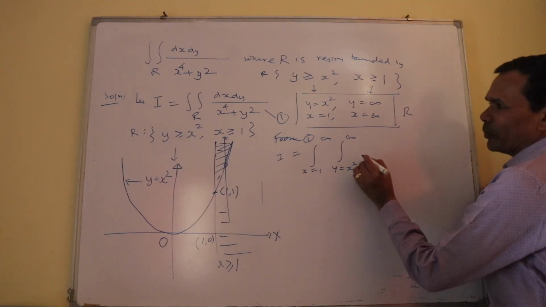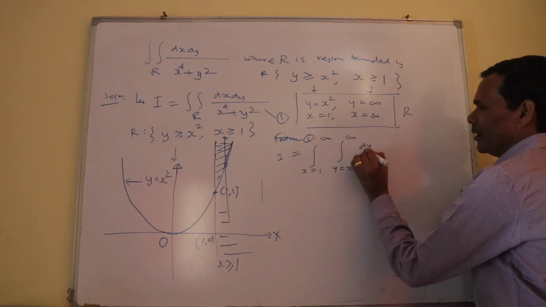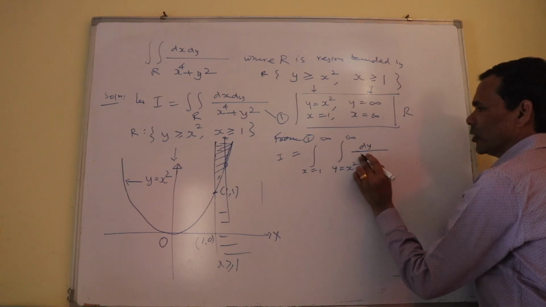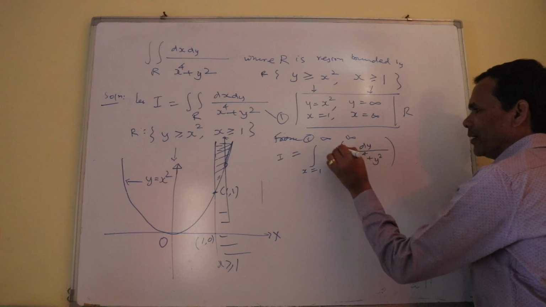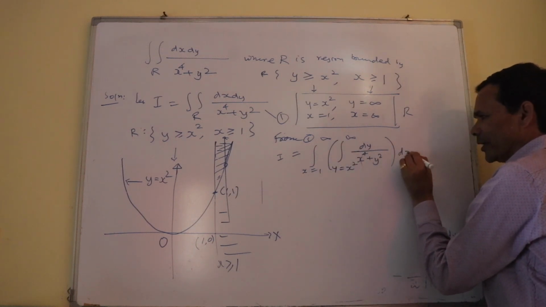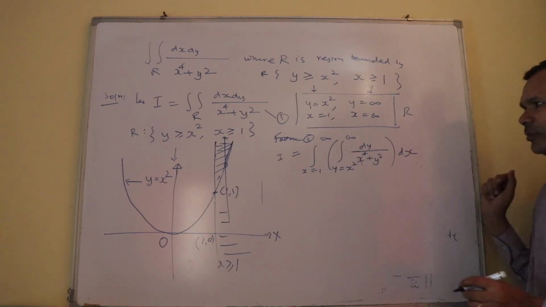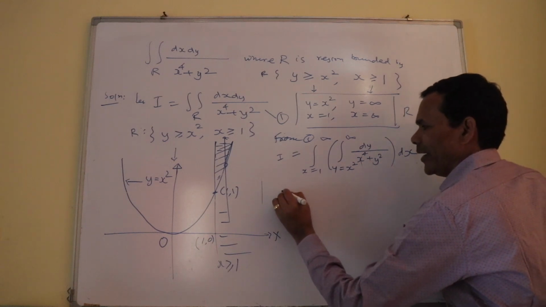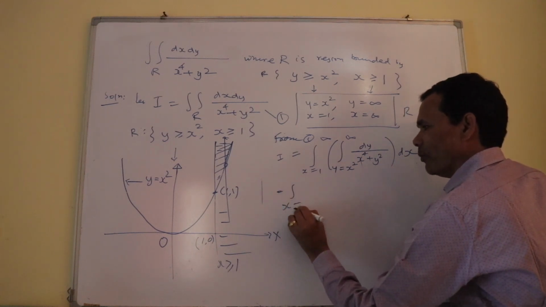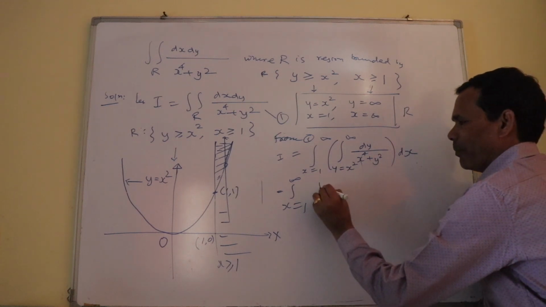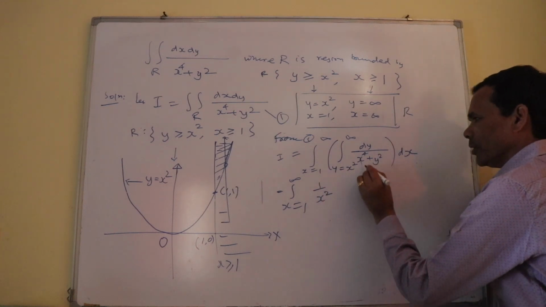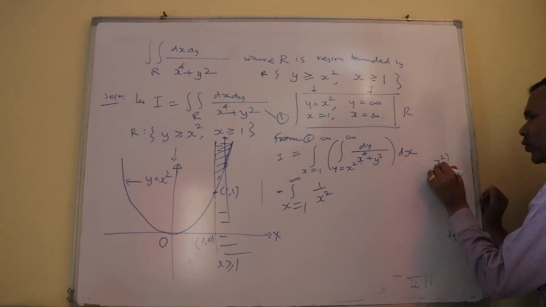And with respect to y means dy divided by 1 plus x raised to 4 plus y square, and then with respect to x. So integration of this with respect to y, x is constant, x from 1 to infinity. So integration of this, 1 upon x square, because x raised to 4 you can write as x square squared.